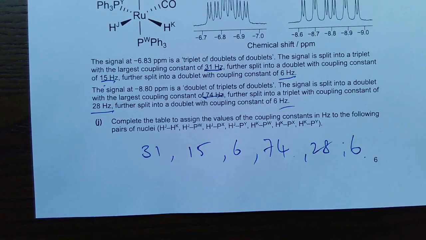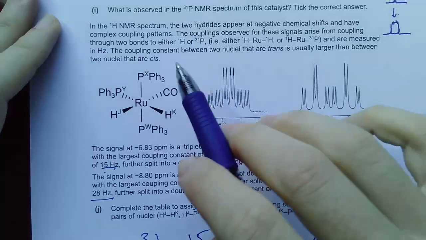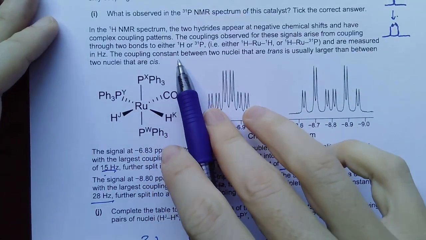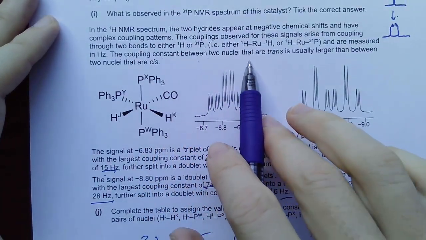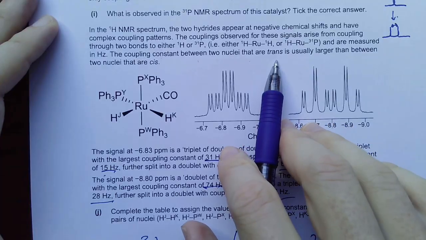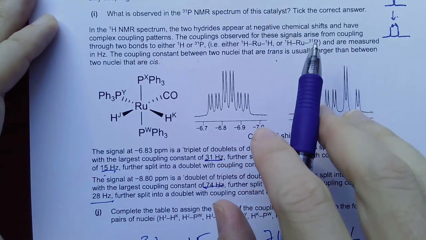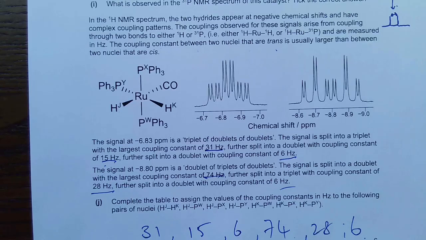Okay, so let's think. What is my first piece of information that I can use? Well, I was told that the coupling constant between two nuclei that are trans is usually larger than between two nuclei that are cis.